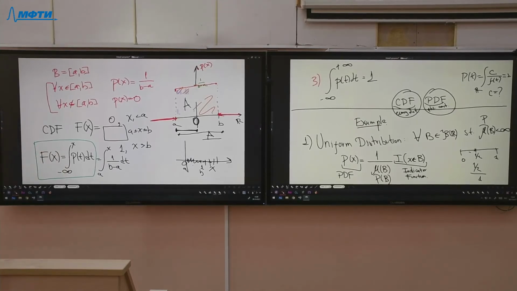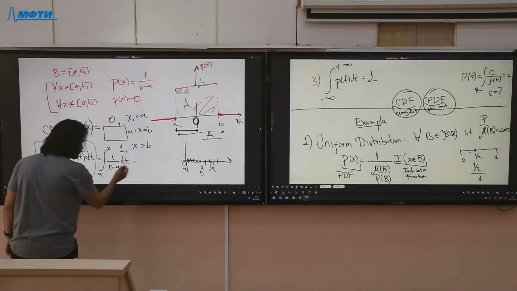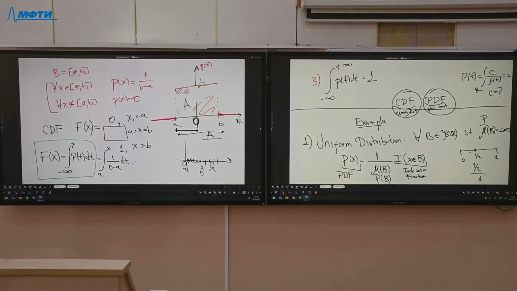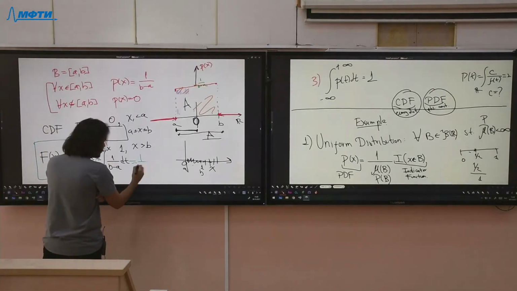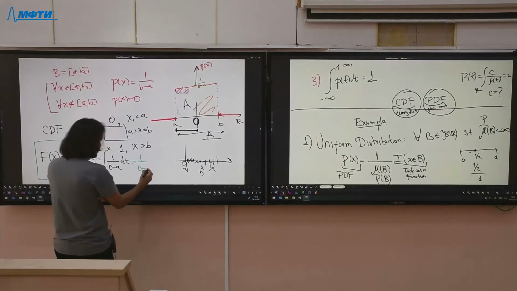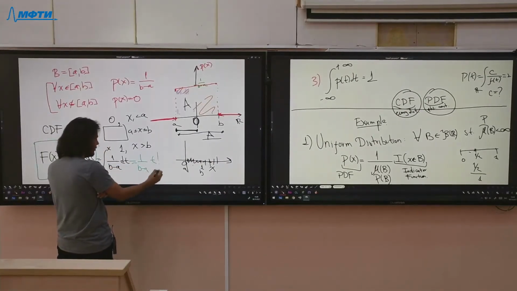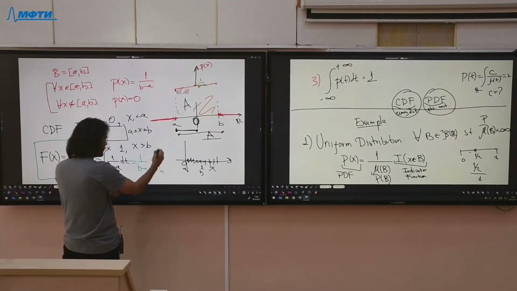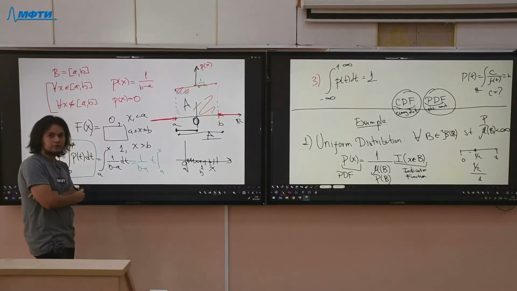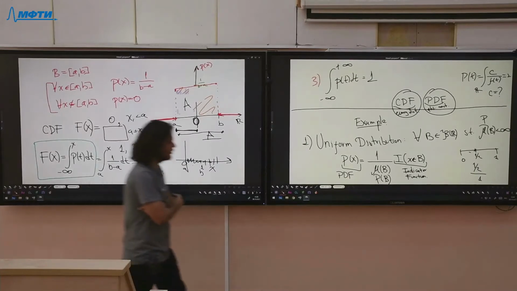Okay, so now what is this equal to? So this is just 1 over b minus a, and the integral of dt is t, right? From a to x. Yes, you can see, right?